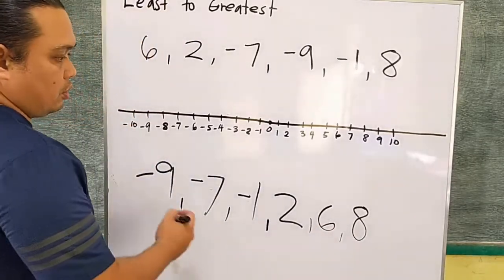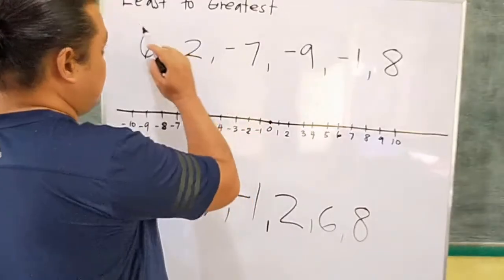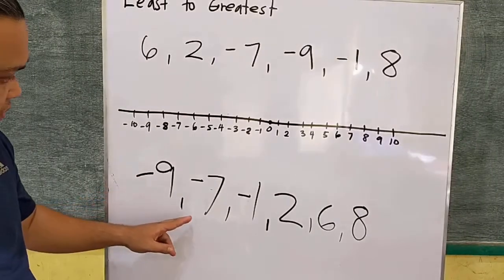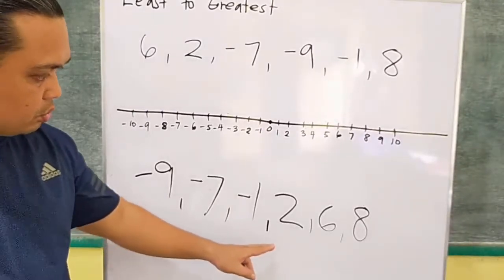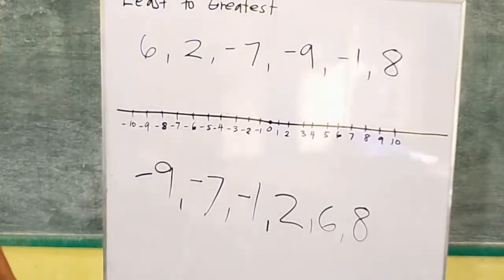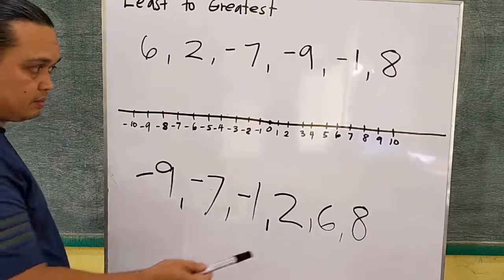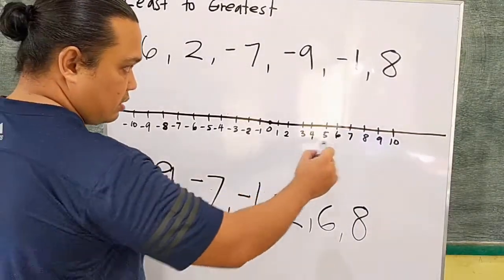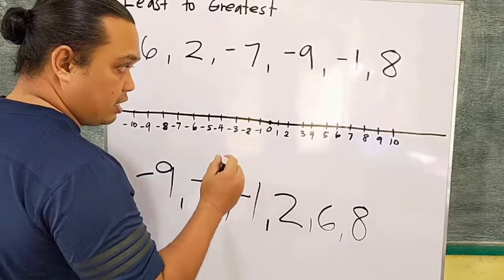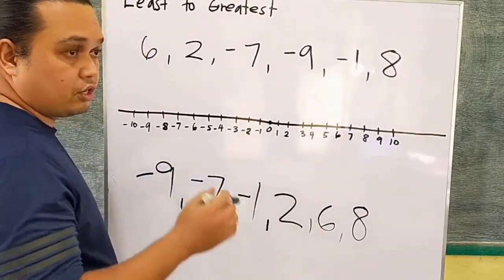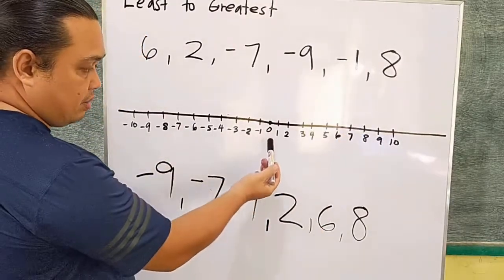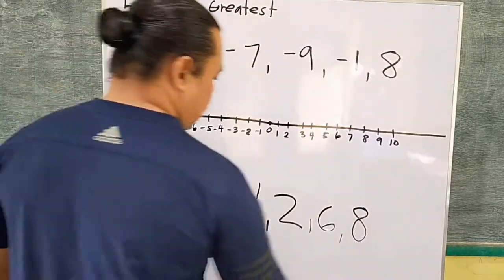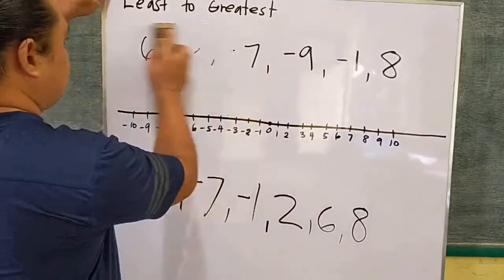Okay, so if you're going to arrange them from least to greatest, we have negative 9, negative 7, negative 1, 2, 6, and 8. Okay, just remember that 0 is our point of origin. To the right, the farther the number to the right, the greater the value, while the farther the number to the left, the lesser the value. Okay. So let's have some more examples.